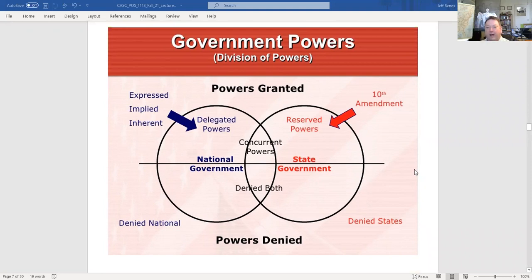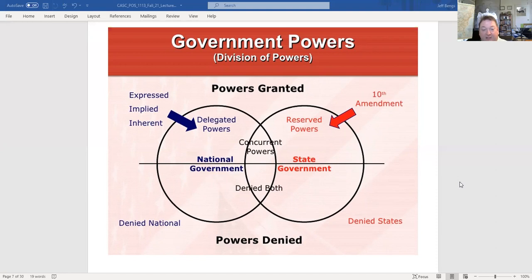All righty, how are the powers divided? Okay. Under the Constitution, our national government is given or delegated certain powers. You wrote about several of those powers of Congress in your brief.